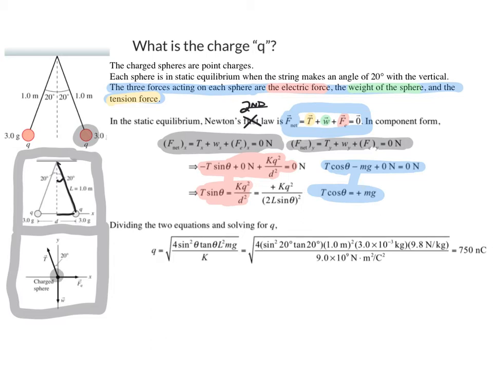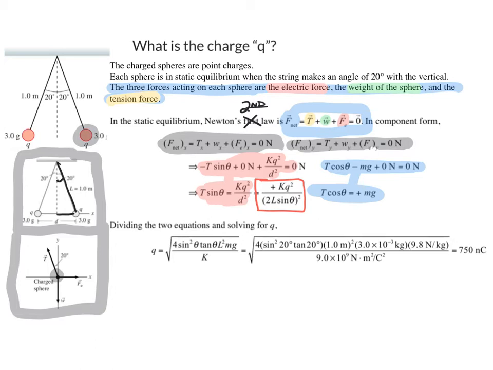Now I didn't say anything yet about where that came from. So let's pause here. Well, the numerator is still kQ squared, right? The denominator, d squared, became 2L sine theta squared.